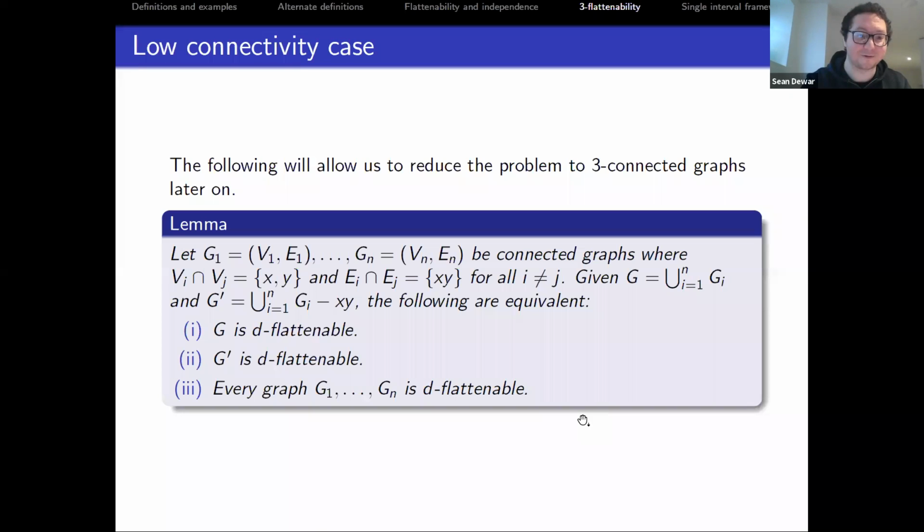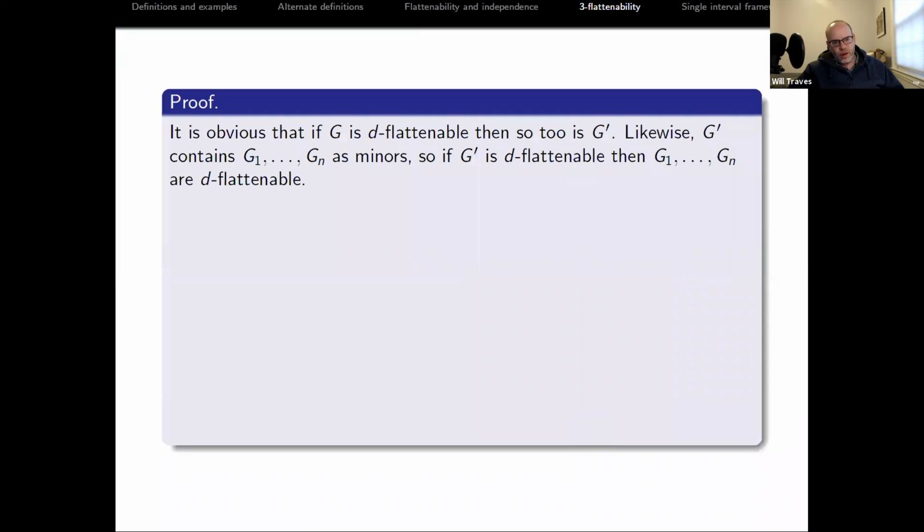Yeah, sorry, I got confused then. So, okay, I understand from the proof why 1 implies 2 and why 1 implies 3. And I understand from the proof why 3 implies 1. But why does 2 imply 1?